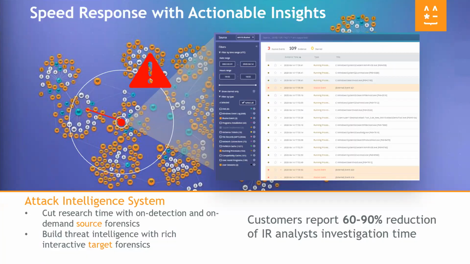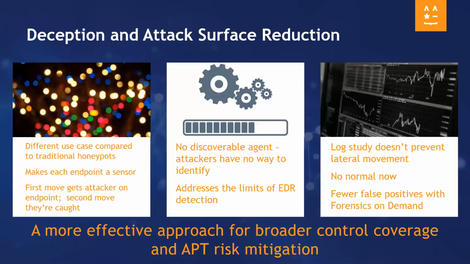So moving on, to sum this up, what we're doing is a more effective approach for broader control coverage. We are making every endpoint a sensor, so it's a different approach than the traditional honeypot.